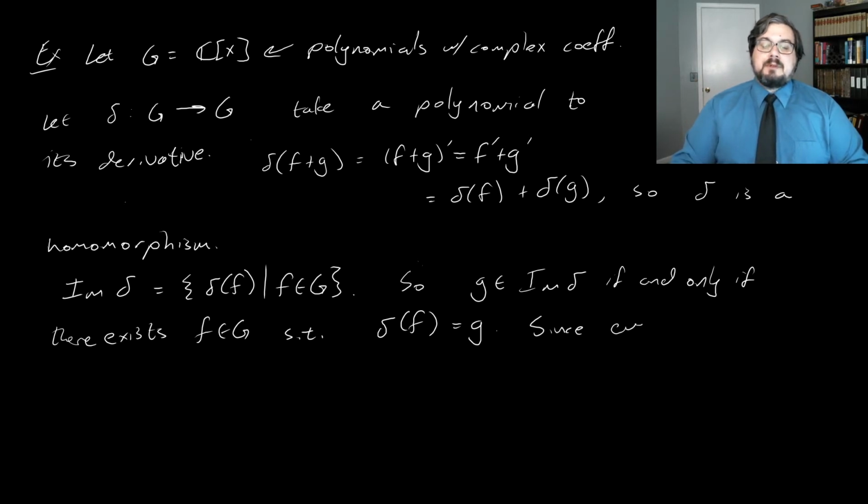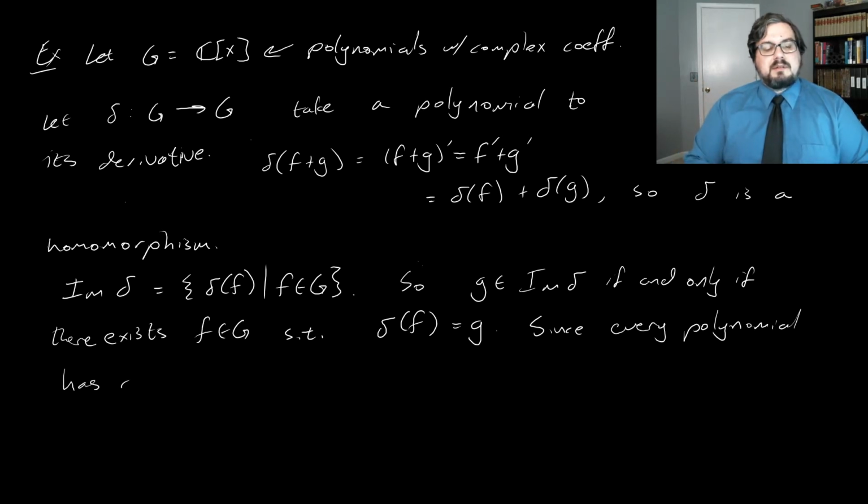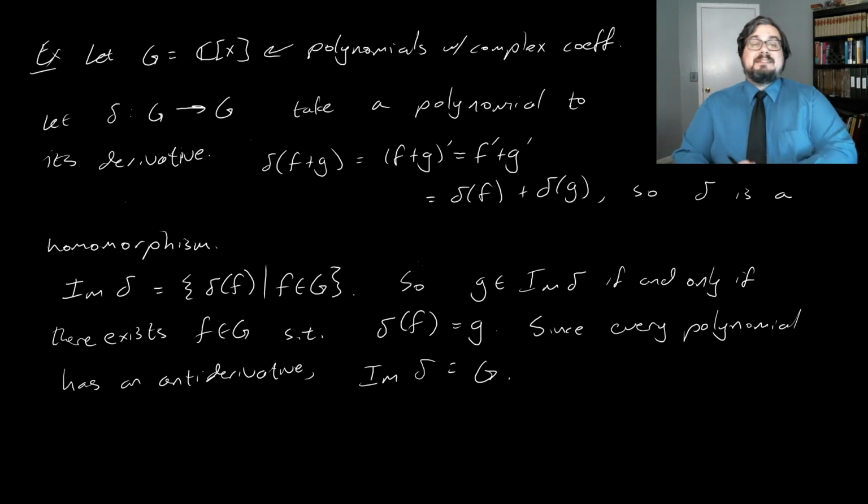Since every polynomial has an antiderivative, we know this from calculus, this means that the image of delta is in fact all of G. So delta is in fact a surjective function, a surjective homomorphism.